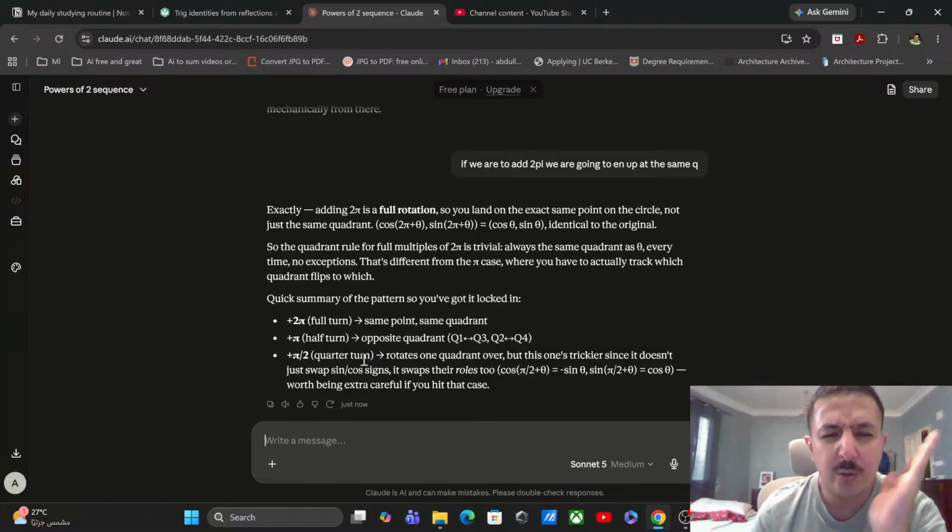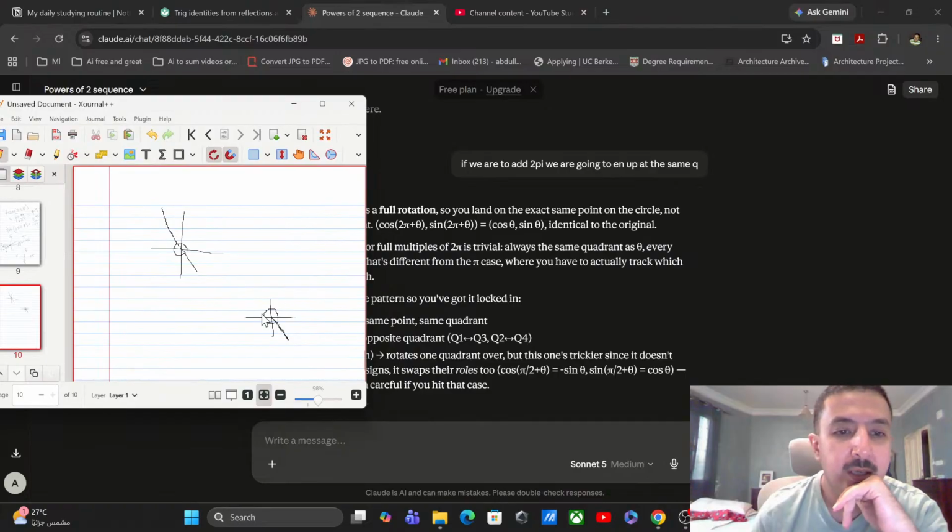A full turn. So that's minus the theta. So minus the theta, what? We're going to end up the same here. It's going to look like a full circle, the same. Minus the theta.